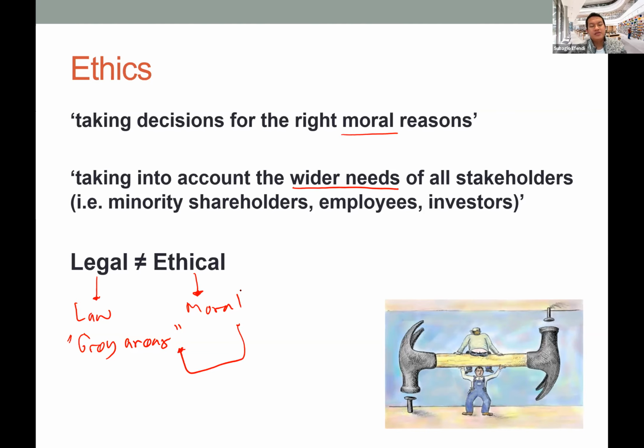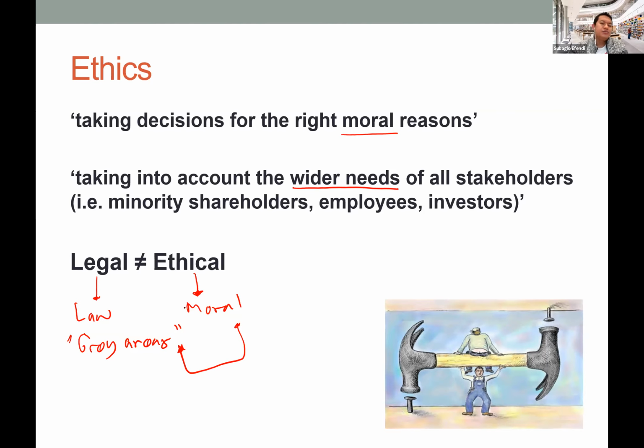If there's some aspect or issue which is not regulated in the law or unclearly regulated in the law, moral could be used as one of the standards to judge or evaluate the ethical consideration of a certain condition. So basically law and moral are complementary. Moral can fill in the gap within the law, or the gray areas.